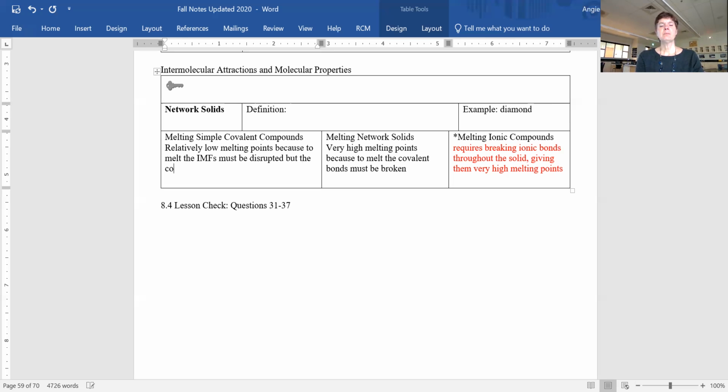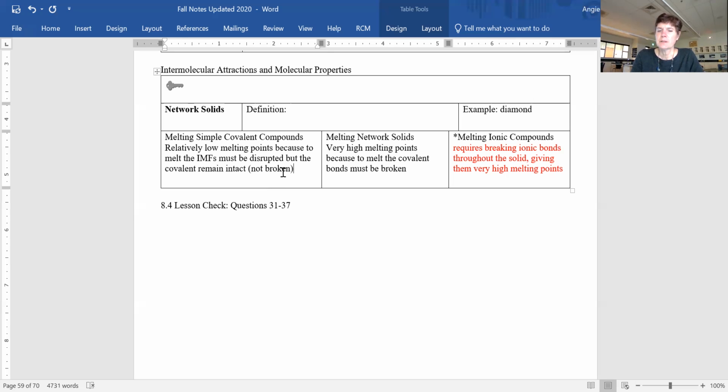But the covalent bonds remain intact, meaning they are not broken.